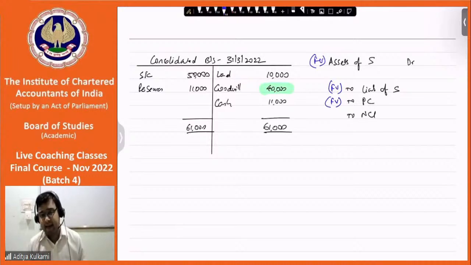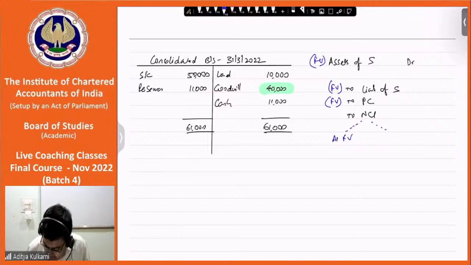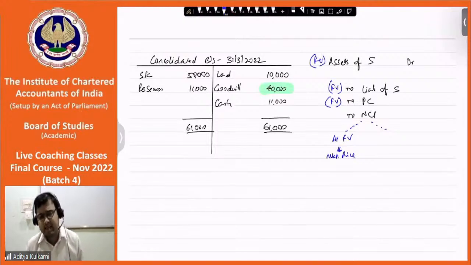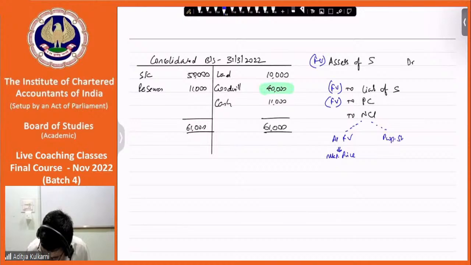The NCI is valued depending on two methods. Either NCI itself at fair value, which is nothing but market price. Can I say this is fair value? Yes. The other one is proportionate share of net assets. That means these net assets are also at fair value.